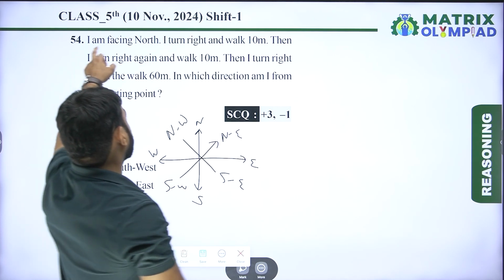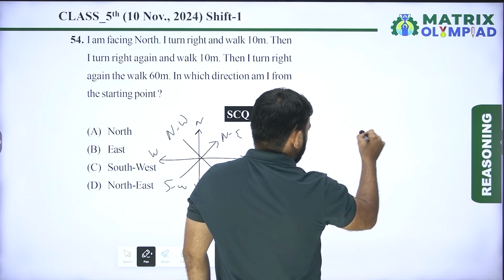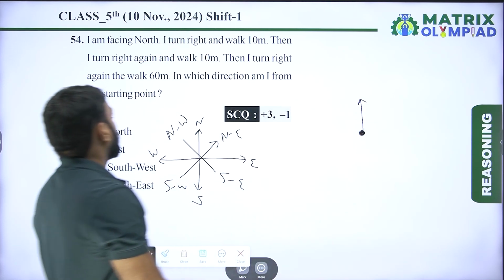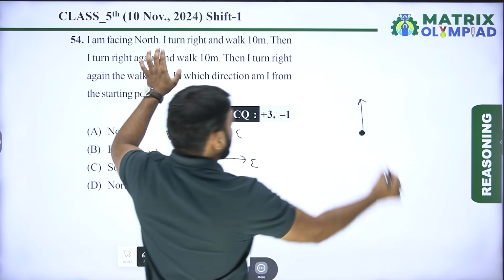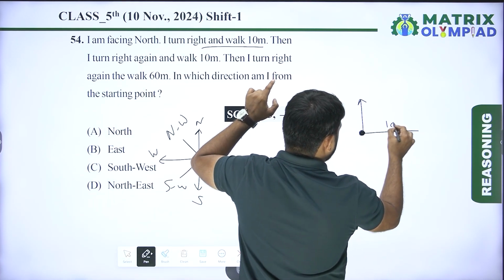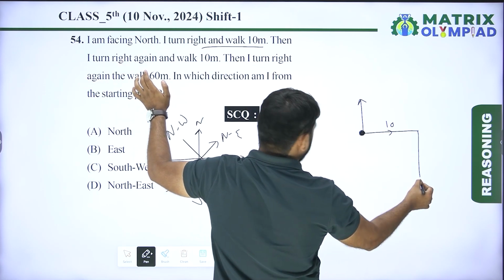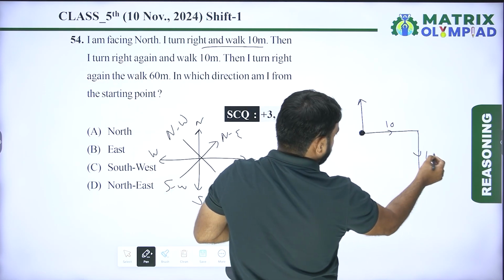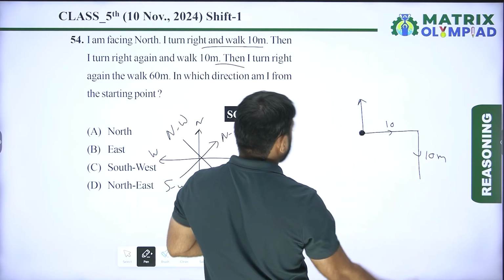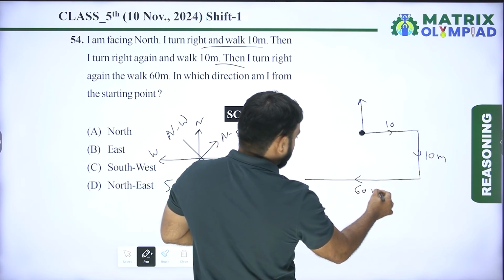Now according to question, I am facing towards north direction. So my starting facing is in north direction. I turn right and walk 10 meter. Now after this, I turn right again and walk 10 meter. Then I turn right again and walk 60 meter.